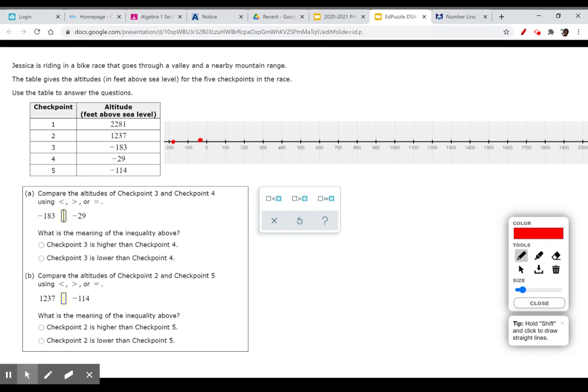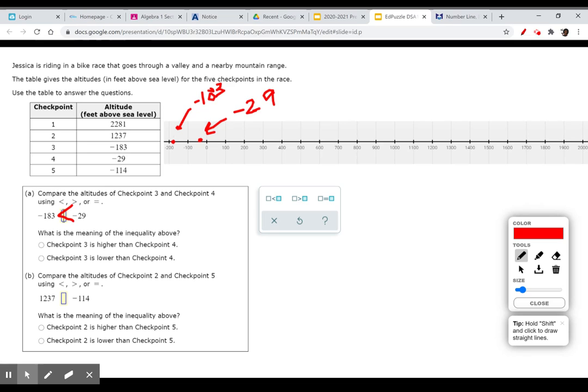And just as we mentioned before, the numbers on the right are greater than the numbers to the left. So this is estimatedly where negative 29 is going to fall, and this is where negative 183 is going to fall. So I can see that negative 29 is in fact greater than negative 183. So I'm going to use my greater than symbol there.